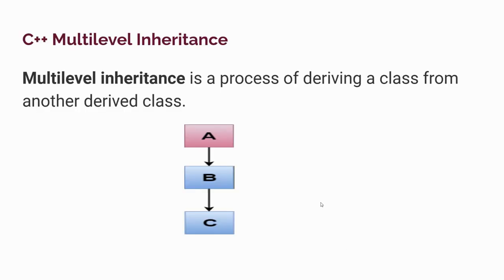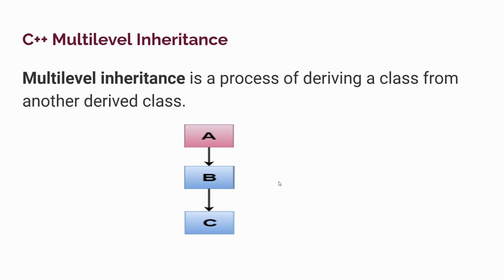Okay. We will see C++ multi-level inheritance. Multi-level inheritance is a process of deriving a class from another derived class. See, first A is the base class, B is the derived class with respect to A. We are inheriting from B to C. For C, B is the parent class and C is the derived class.